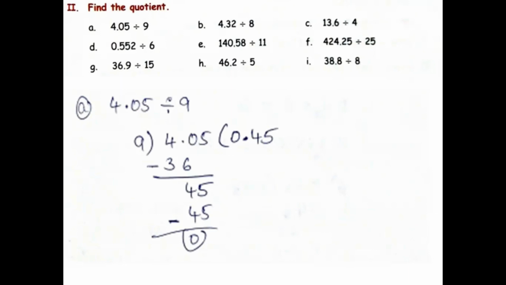We'll get two values now, 4.0. 4 nines are 36. 40 minus 36, the difference is 4. 5 as it is. 5 nines are 45. 45 minus 45, the difference is 0. Now the quotient is 0.45.